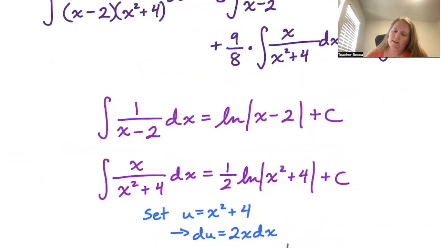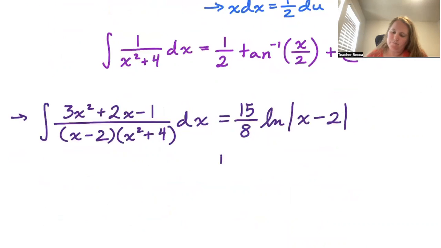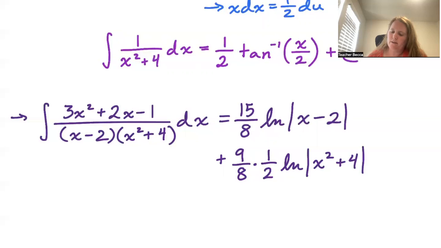Then we had plus 9/8 times 1/2 times the natural log of x squared plus 4.